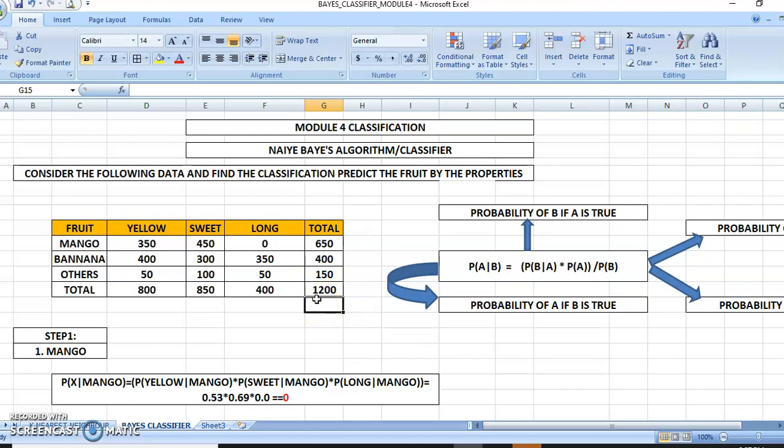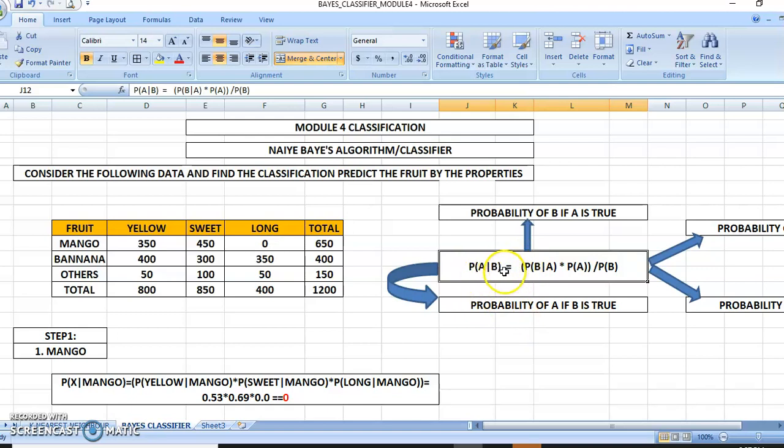First, get to know this Naive Bayes classifier. It goes according to probability, so it is a probabilistic classifier. It is usually given by the formulation which I have written here: P(A|B), the probability of A when B is true.